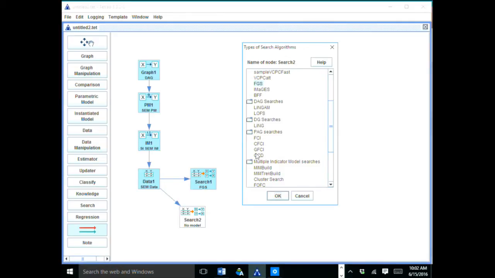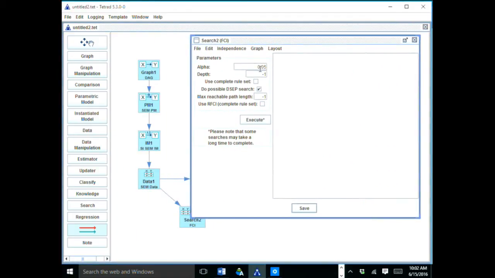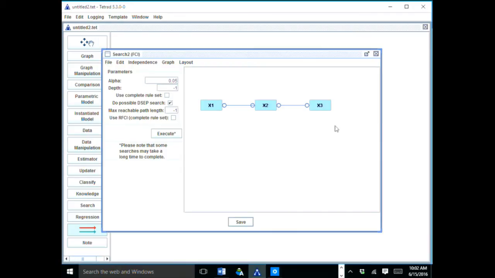What does G stand for? Greedy. Greedy fast causal inference. I'll just do regular FCI here. It's just like the PC. You have to pick an alpha value and a depth. And if I execute it, what I get is manifestly disappointing.